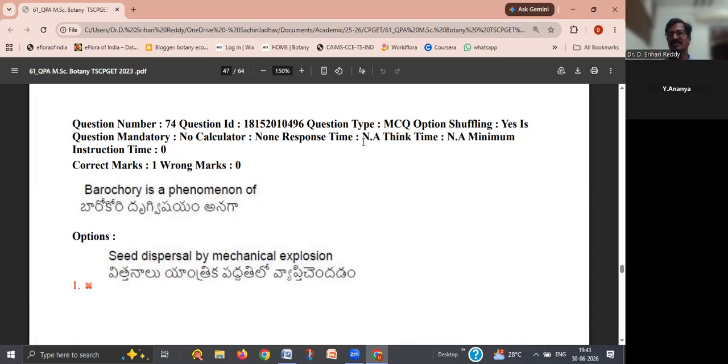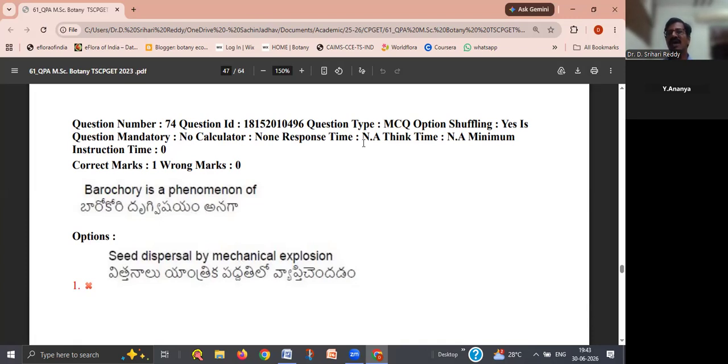There are different kinds. Hydrochory means dispersal of the seeds with the help of water. Hydrophily is different from hydrochory. Both involve water, but hydrophily is pollination with the help of water, while hydrochory means dispersal of the seeds with the help of water. Anemochory is dispersal of the seeds with the help of wind.